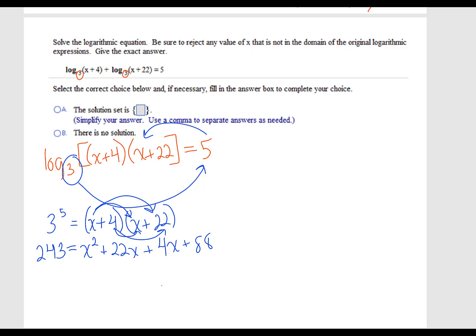I'm going to simplify this side. So simplifying the right side by combining like terms, but then also getting it into that quadratic standard form, so setting it equal to 0.